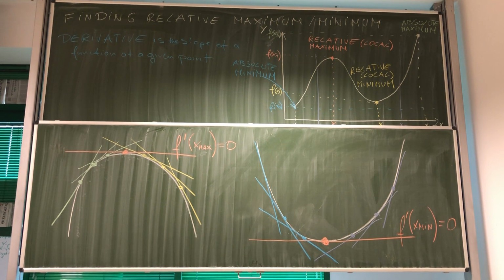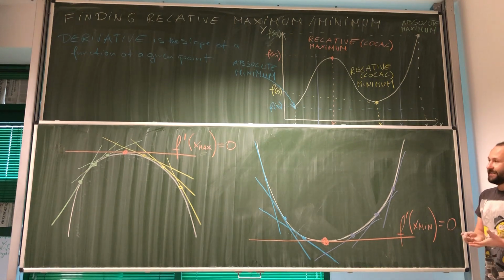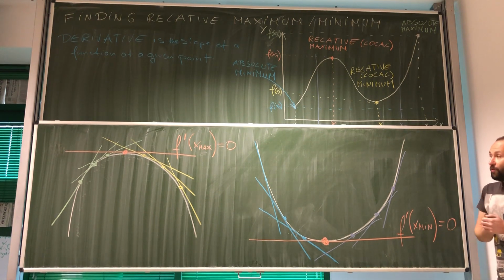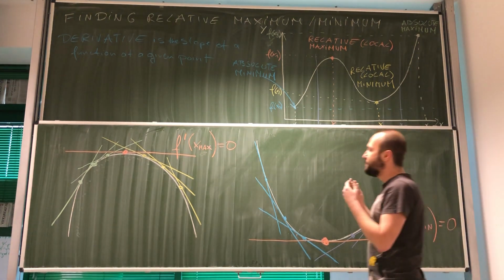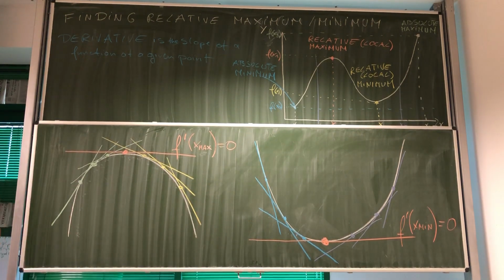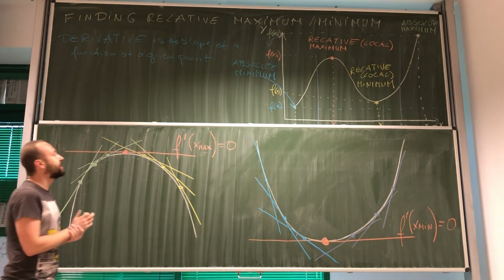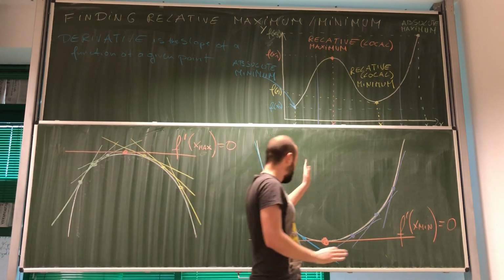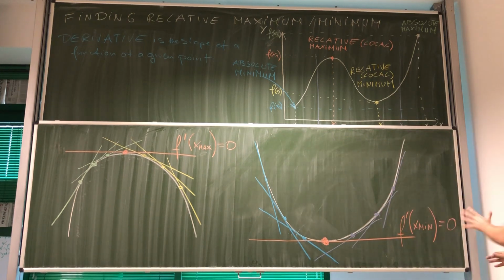But I will not be able to tell which one of those it is. Well, but maybe by looking at those graphs, we can get an indication of how we can devise a test that would allow us to distinguish between those two cases.